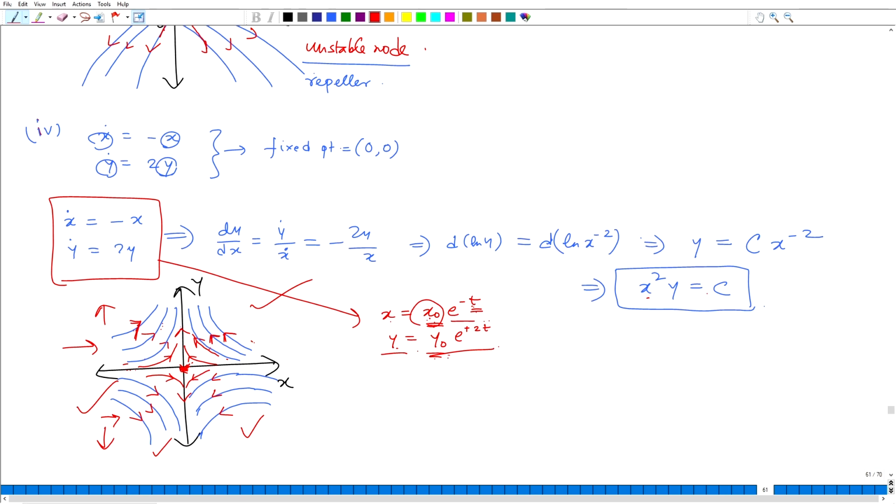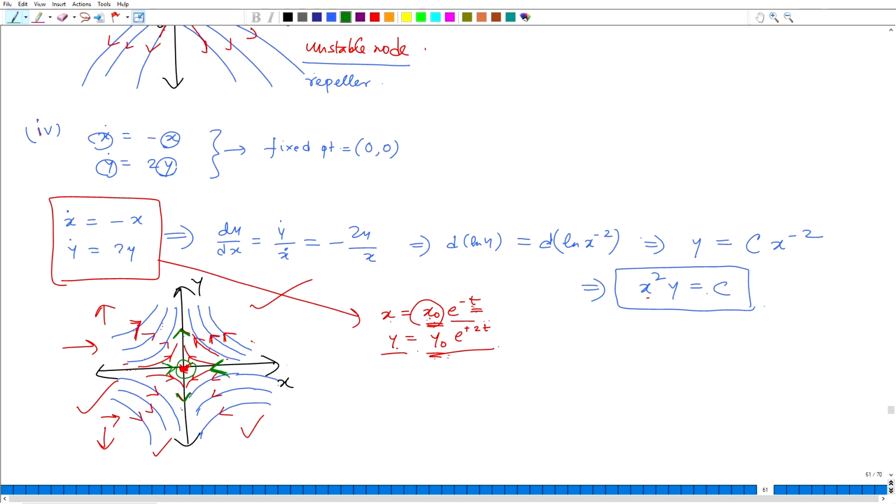And so, on the axis I take this green color, and that will be the direction of the phase space trajectories. Now, you will see that along the y axis it looks like a repeller, but along the x axis it looks like an attractor.